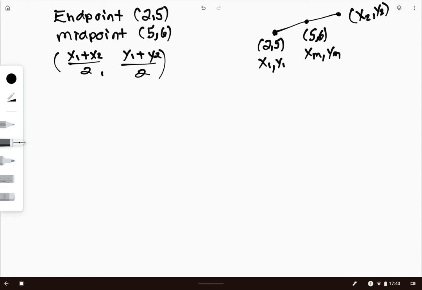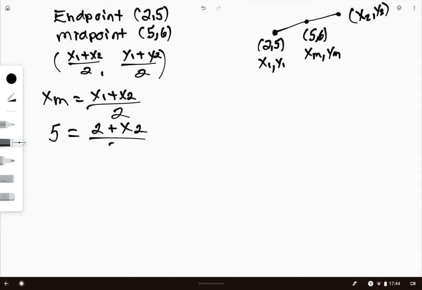So this begins with me rewriting both sides of the midpoint formula. xm equals x1 plus x2 divided by 2. As I've already labeled xm as 5, I'm going to replace the xm with 5. As I've already labeled 2 as my x1, I'm going to have 5 equals 2 plus x2, which is what I'm trying to solve, the x-coordinate of the other endpoint, all divided by 2.